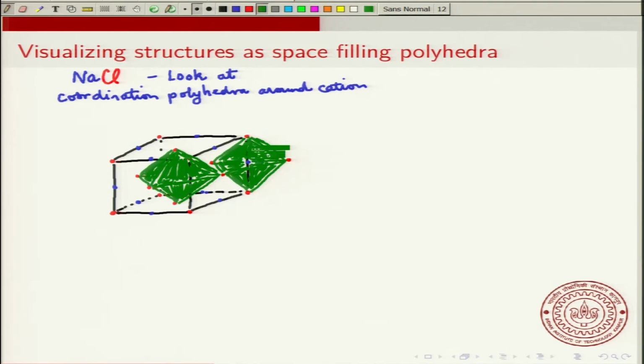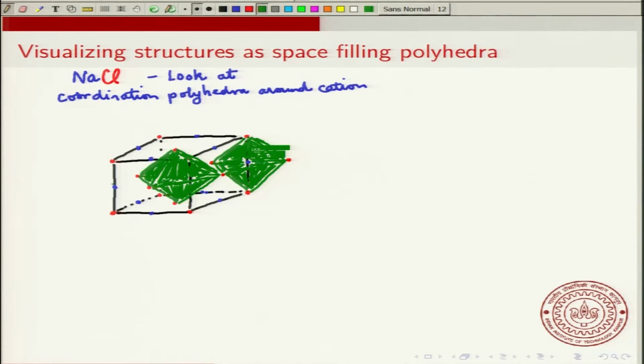There is a little bit of smudging that happened here, but that is just due to this program. Now, you can do the same for all the sodium ions, and similarly you can make coordination polyhedra.